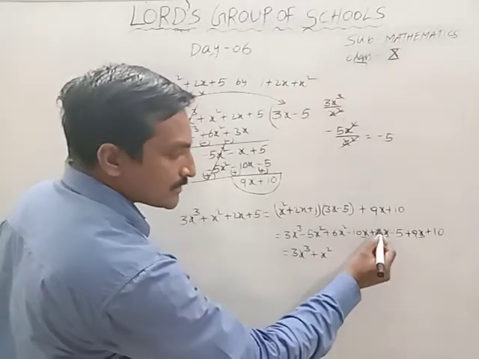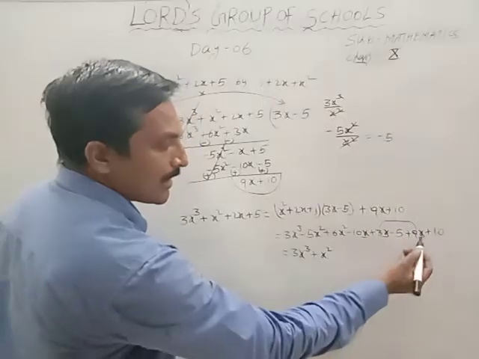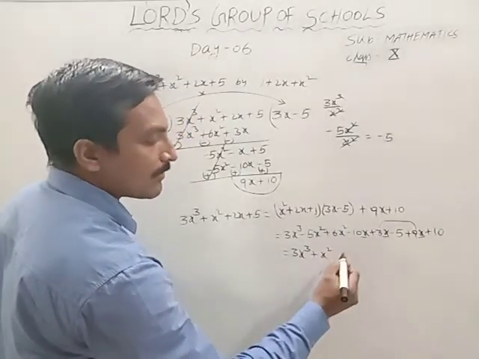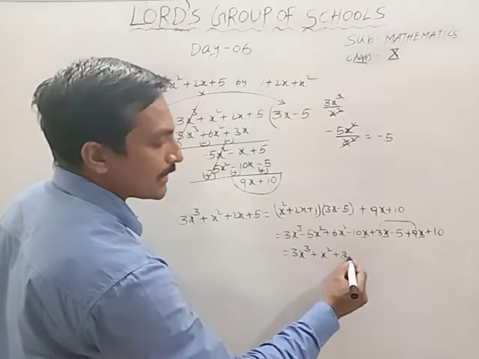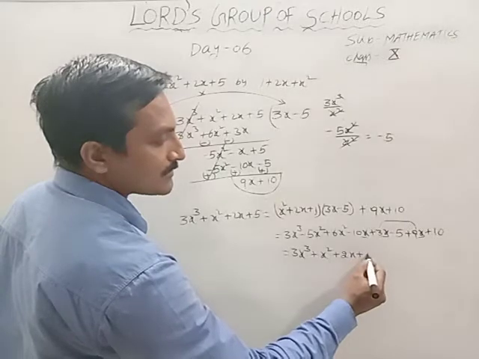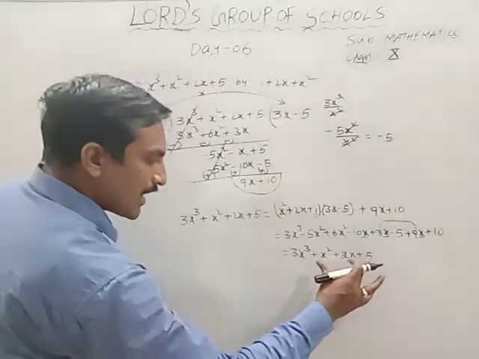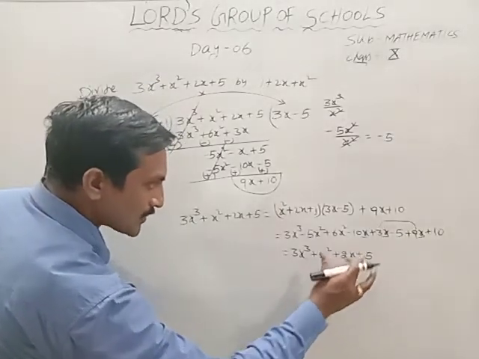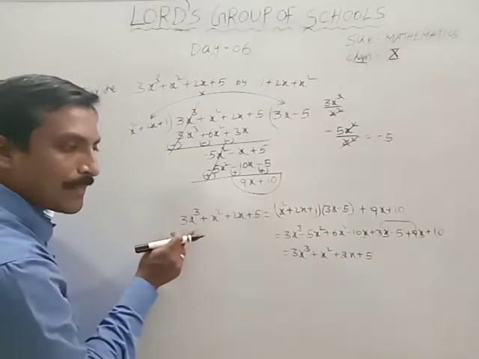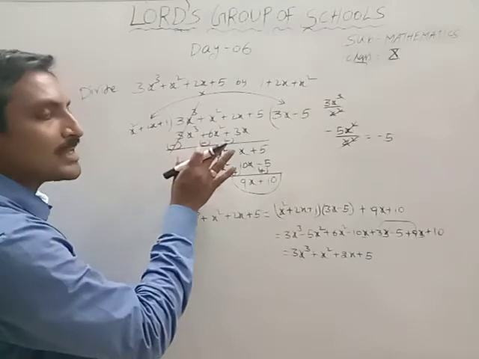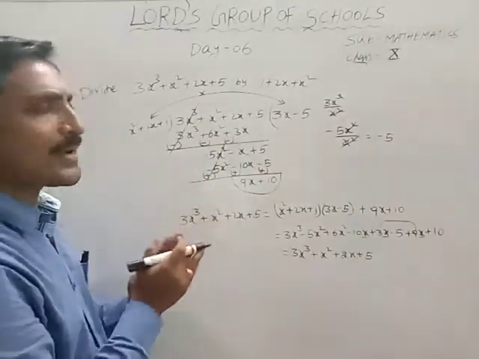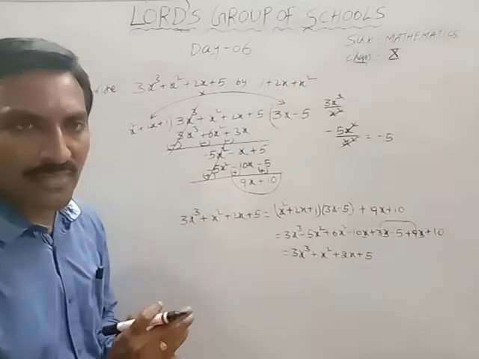In these 3 terms, these 2 terms are positive. 9 plus 3, 12. 12 minus 10, plus 2x. Constants: minus 5 plus 10, plus 5. You have to observe what you get after simplification. This is equal to the dividend. At that time the division is correct. This is the verification of the division algorithm.